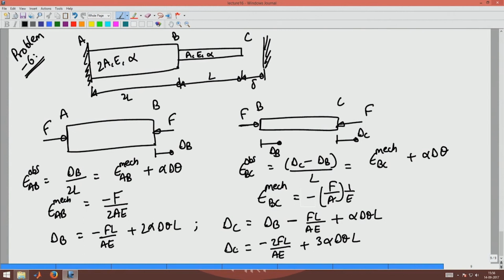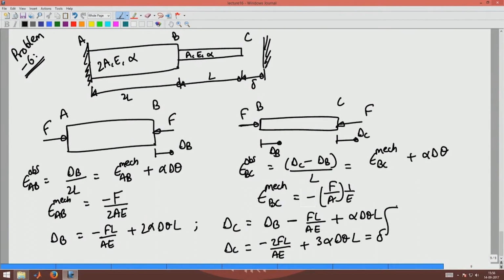We know from the compatibility condition that the displacement of point C cannot exceed delta. So, this will be equated to delta, and from this equation we obtain F as 3 alpha delta theta into L minus delta, into AE by 2L.